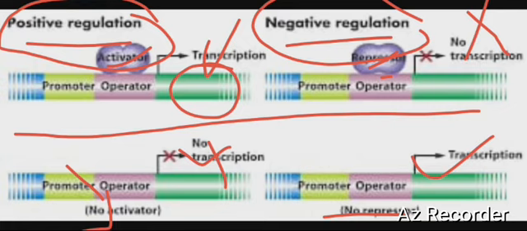And today, that is the positive regulation. When the activator is there, then it will enhance the transcription. That will make the operon on. So I will tell you in detail about this positive regulation, how this works basically.